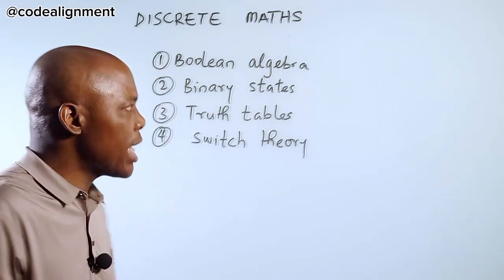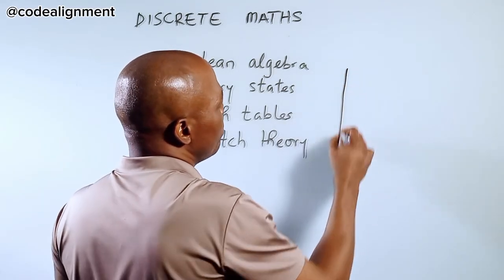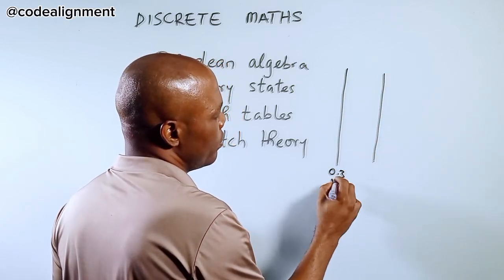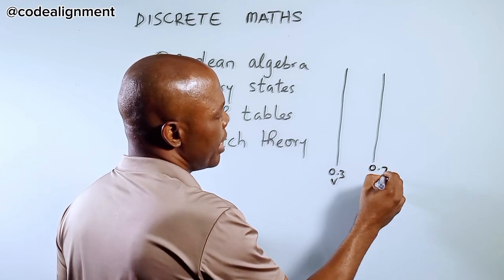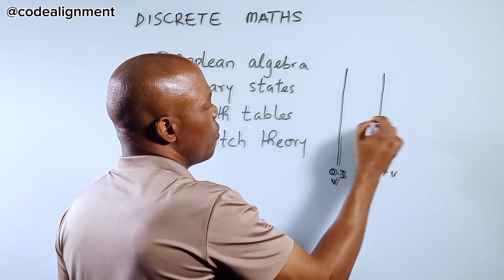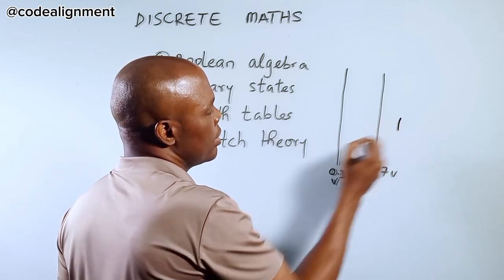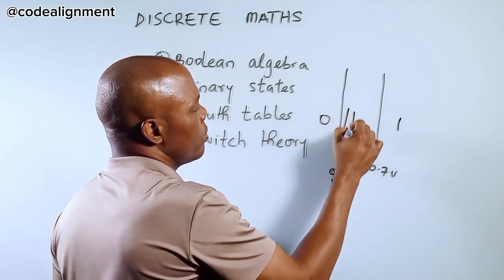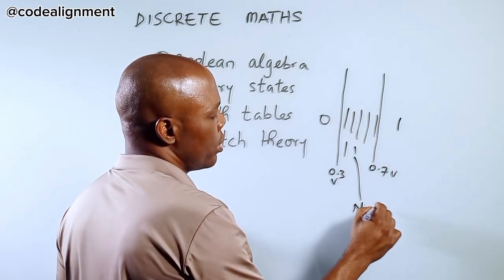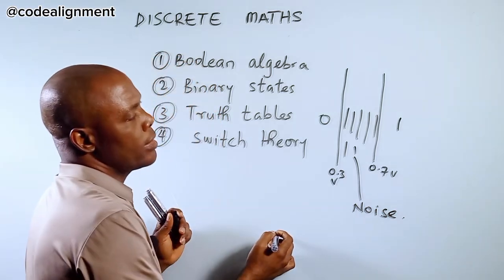You know, in the first class, I told you we are having something like this, like this. So let's consider this as 0.3 volt, right? This one as 0.7 volt. Now, when you cross this, so this is 1, this is 0. So we are having all this inside. So this one is considered as what? Noise, right?